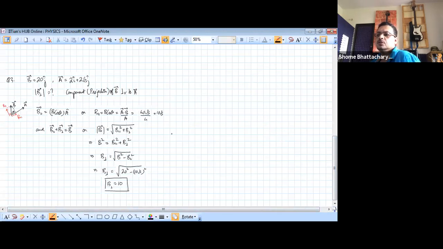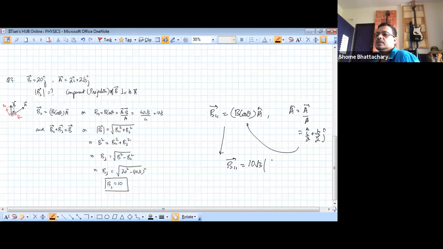But suppose I had asked, okay, what is the B parallel vector? Then I would have said that it is B cos theta into A cap. So I would have calculated A cap, that is vector A divided by mod A. In this case that would have become i cap by 2 plus root 3 by 2 j cap. I would have substituted that over here. I would have got that the parallel component is this, 10 root 3 into that unit vector.